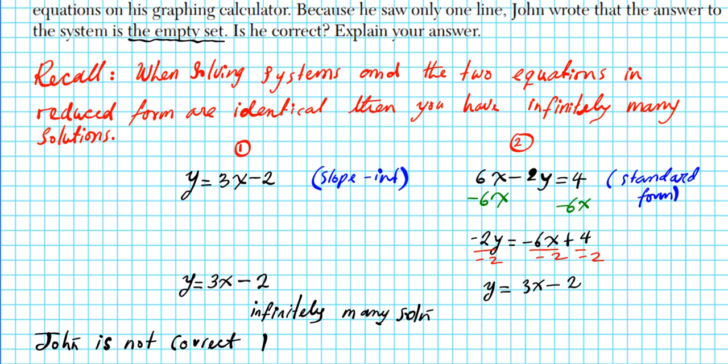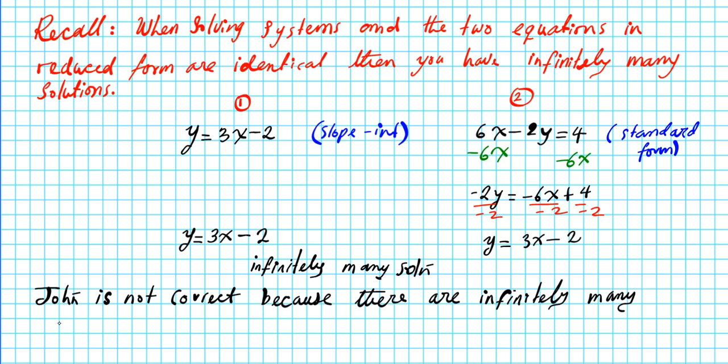Why is that? Because there are infinitely many solutions. So if you graph, let me just show you what's going on here. Let's say you graph the two lines.